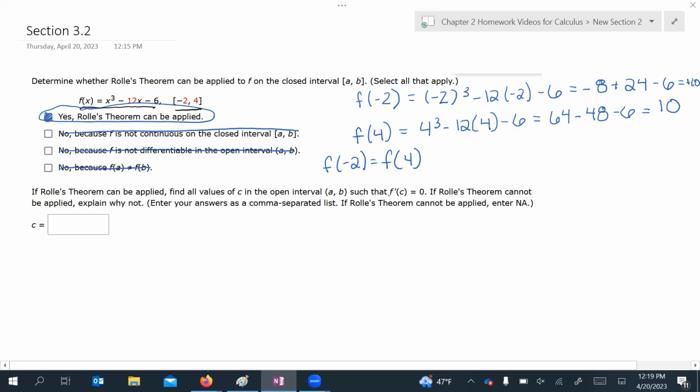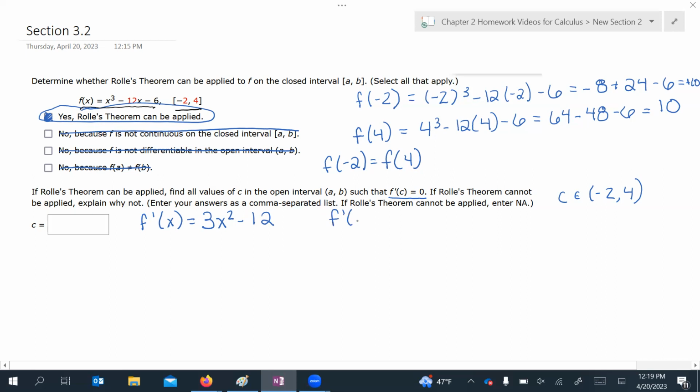From there, it asks us to find the value of c being something in between -2 and +4, such that f prime of c equals 0. So if I evaluate f prime of x, I apply the power rule. The first term, I get 3x squared minus 12.